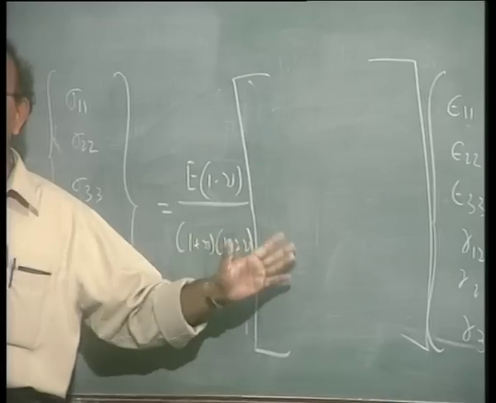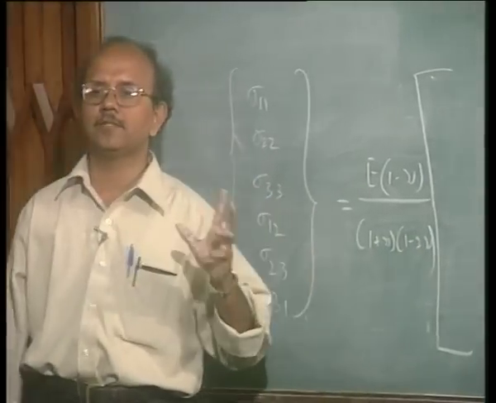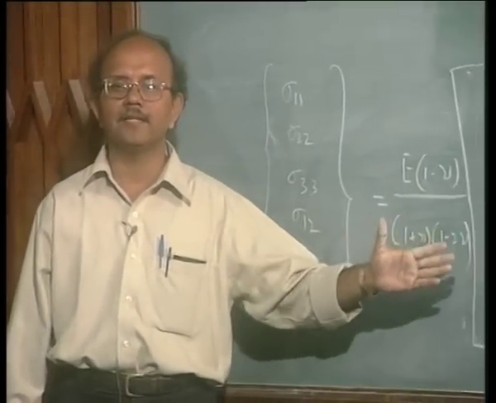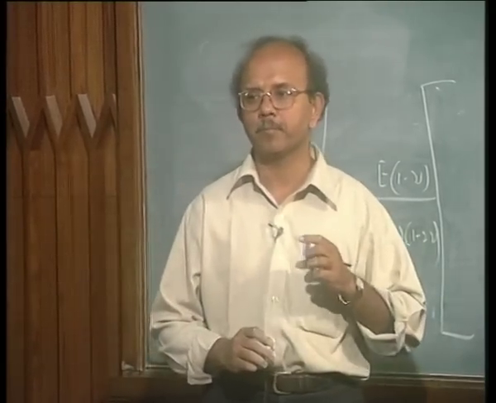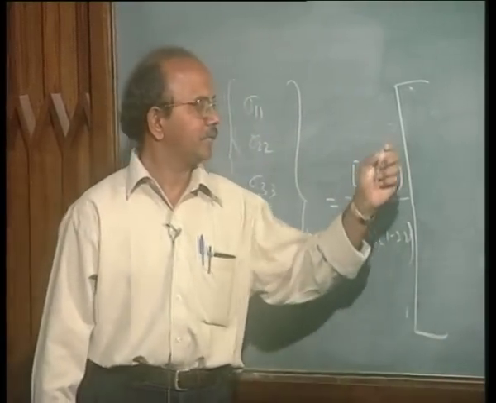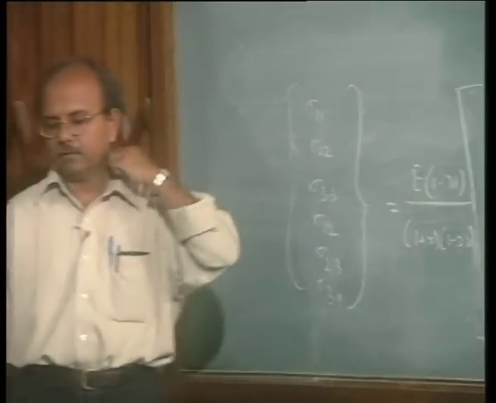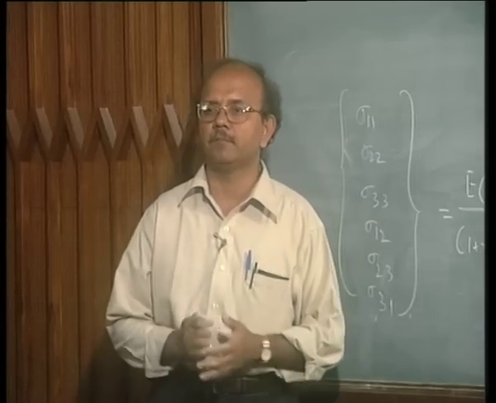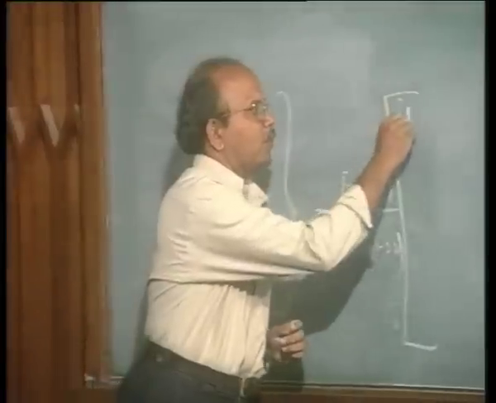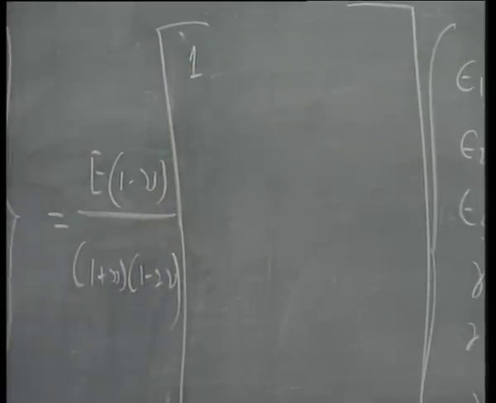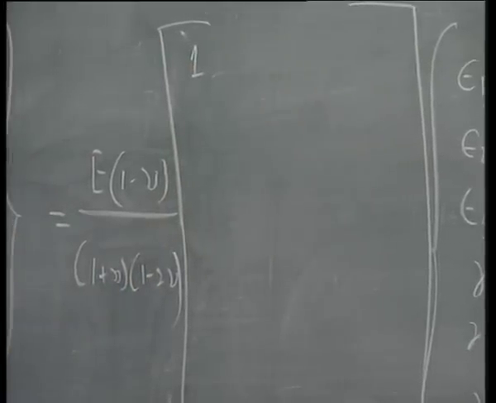But what is important here to realize? Yes, it is a symmetric matrix, right? Can you fill this up? What is the first term? 1, right? What's the second term? Nu.